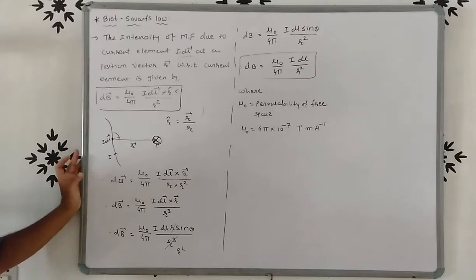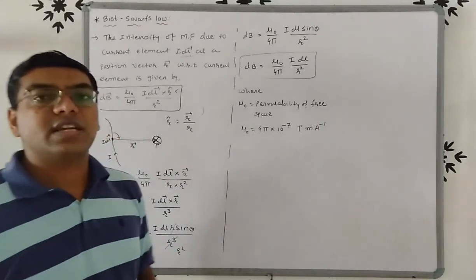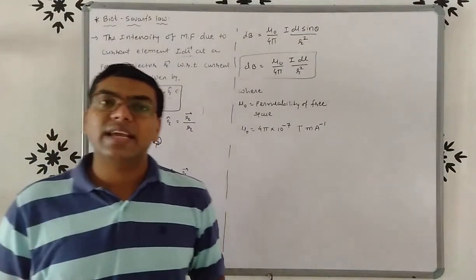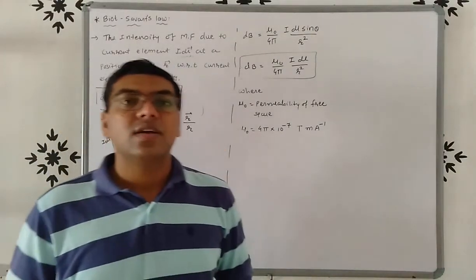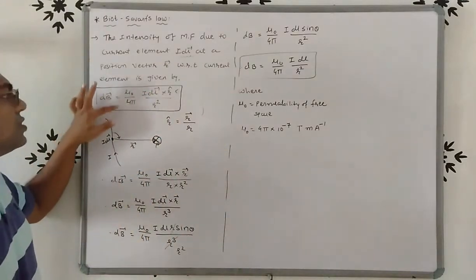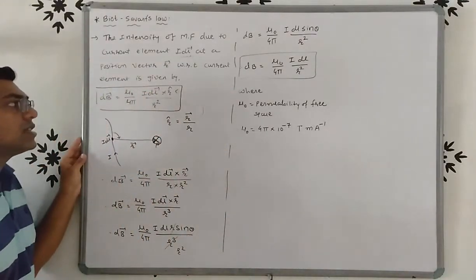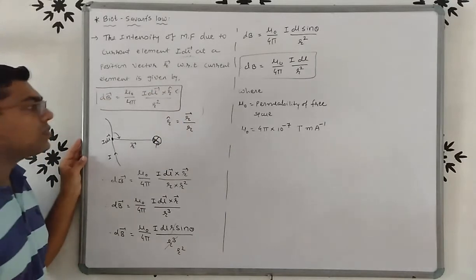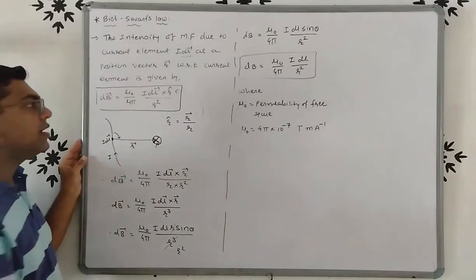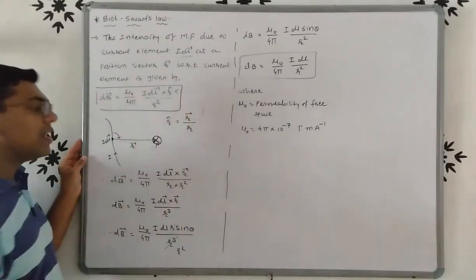Explain the Biot-Savart's law. The statement: the intensity of magnetic field due to current element I dl at position vector r with respect to the current element is given by vector dB equal to mu 0 by 4 pi I dl cross r cap upon r square. We know the value of r cap is vector r upon magnitude of vector r. So here we put the value of r cap.